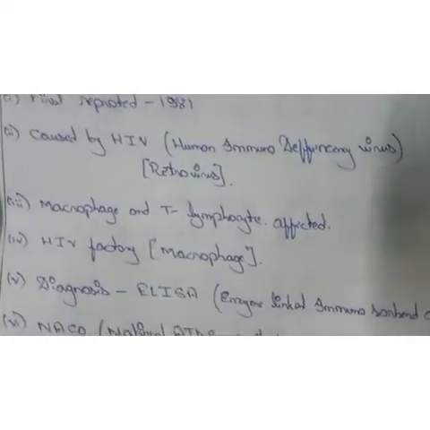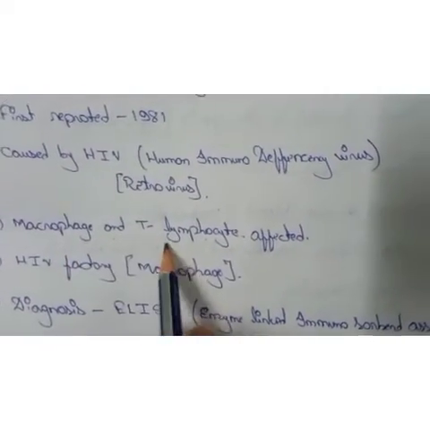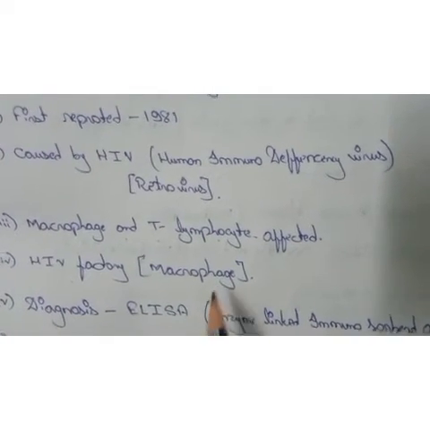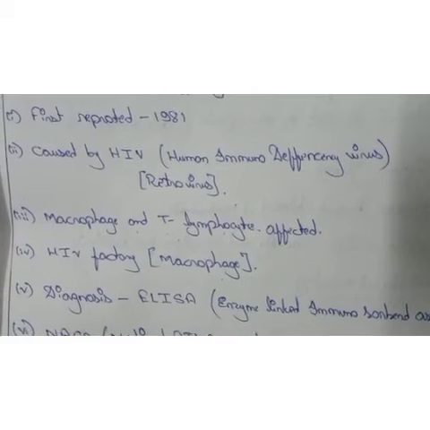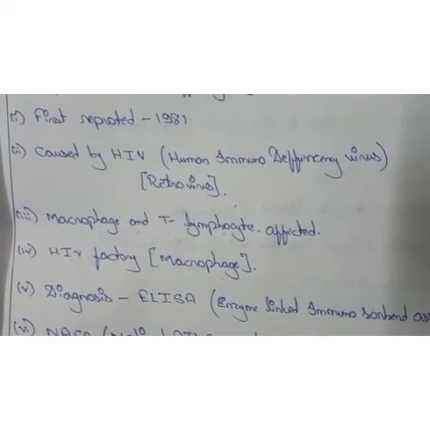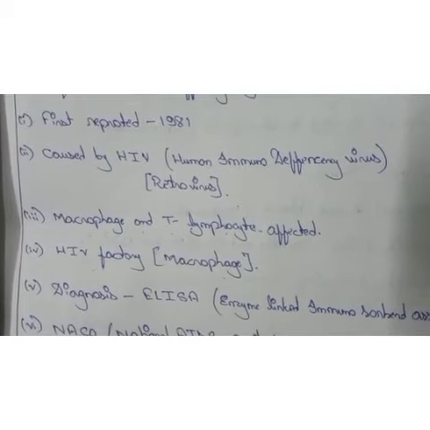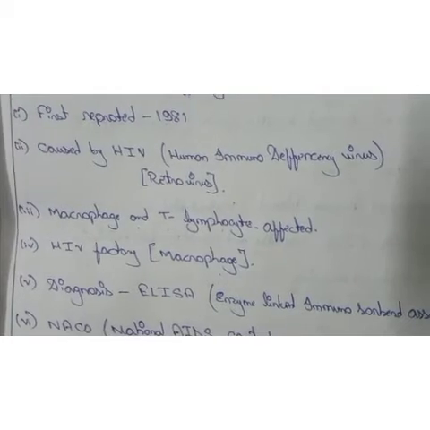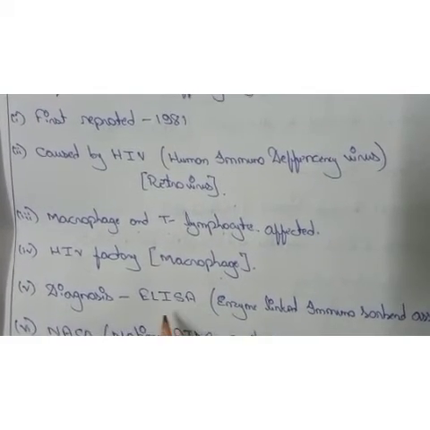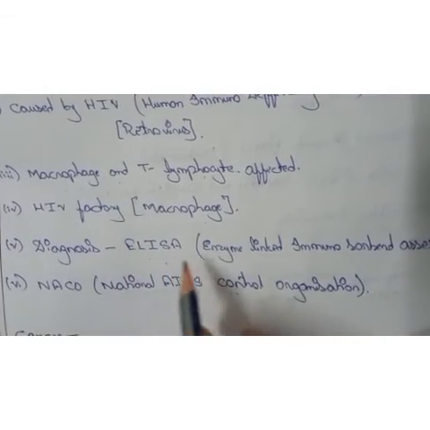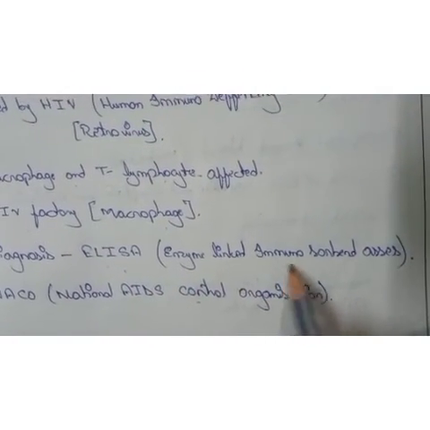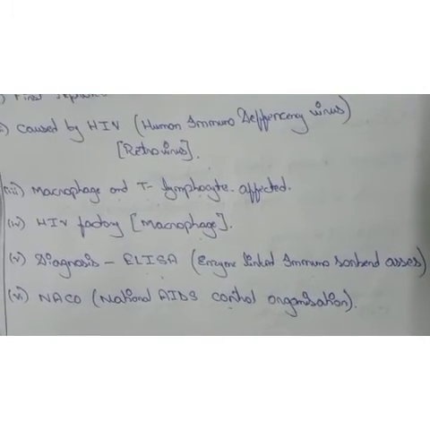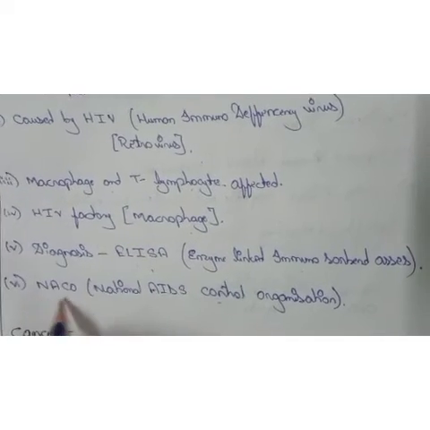The HIV factory is the macrophage. How can we detect that the patient is affected by AIDS? It can be diagnosed by ELISA, or enzyme linked immunosorbent assay. The National AIDS Control Organisation is NACO.